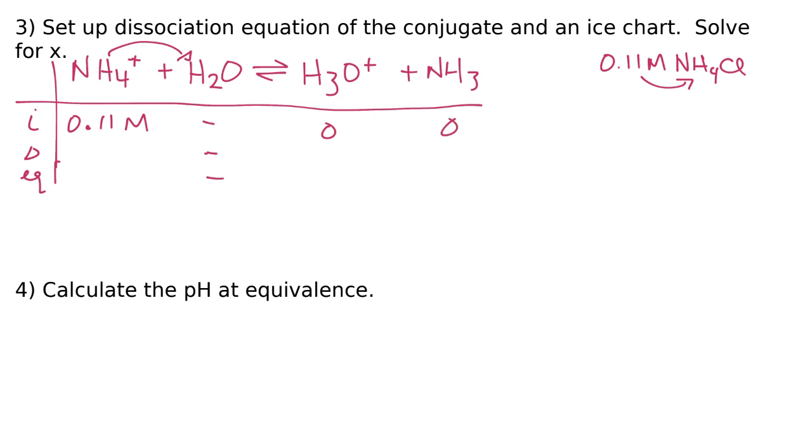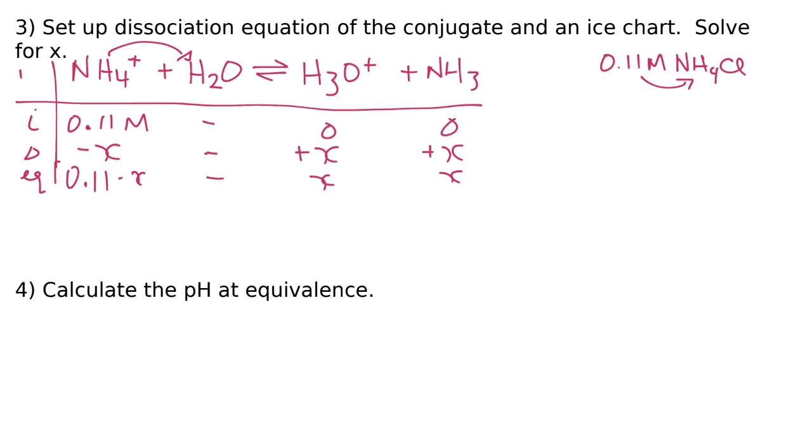Initially, we don't have any of my products. And then over time, because everything's a 1-to-1 ratio with acid-base chemistry, we're going to lose some concentration of reactant in the form of X. Those products will both gain it. And then at equilibrium, we have 0.11 minus X for my reactant, and we have X and X for my products.